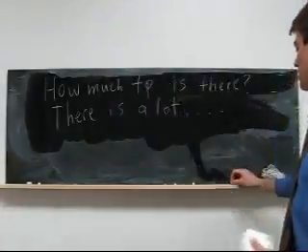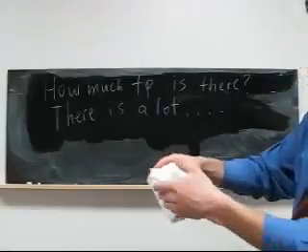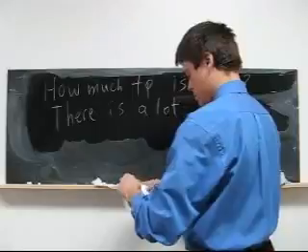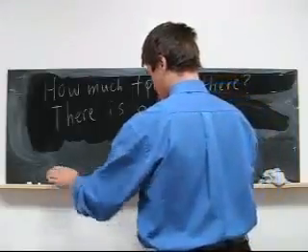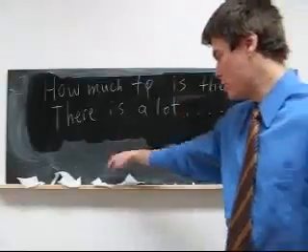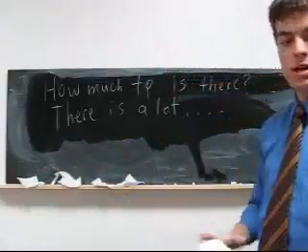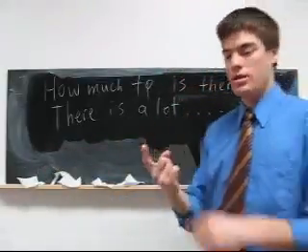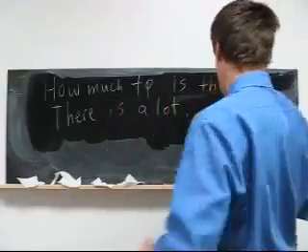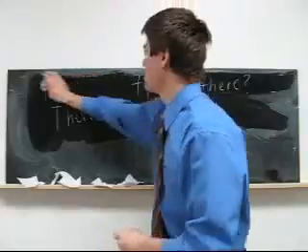There is a lot. But when you go like this, now this, 1, 2, 3, 4, that's how many. Because how many is counting. 1, 2, 3, 4, 5, 6, 7, 8, 9, 10. How many is counting.